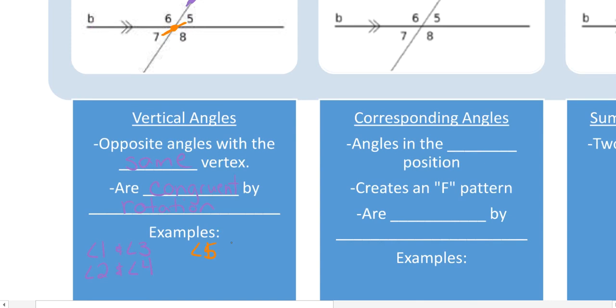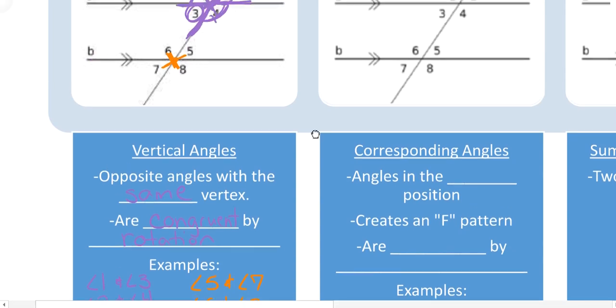So angle 5 and angle 7 are going to be congruent. They're going to be the exact same measure. And then same with angle 6 and angle 8. Those are opposite each other. They share the same vertex, and they are also going to be congruent.